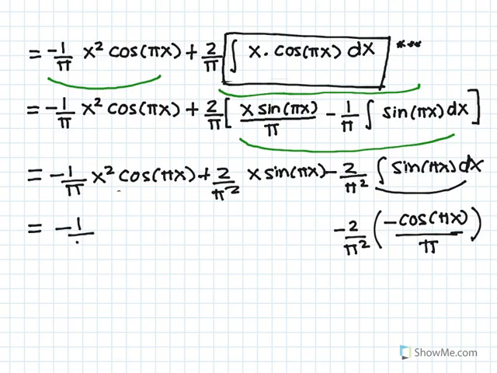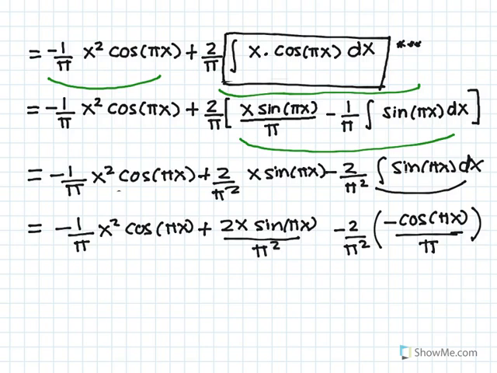Negative 1 over pi x squared cos of pi x plus 2x sine of pi x over pi squared, minus 2 over pi cubed cos of pi x, and of course we should add a C. So let's just rewrite that. A bit more simplification would be great.